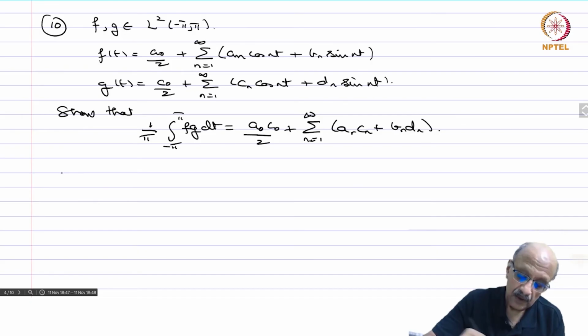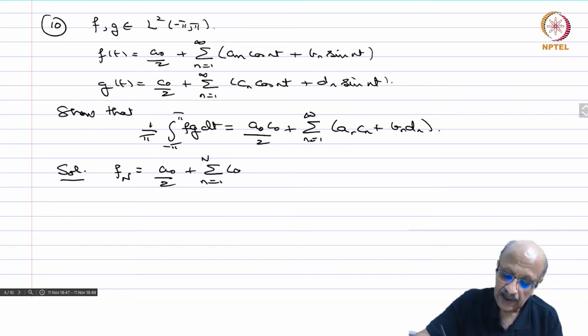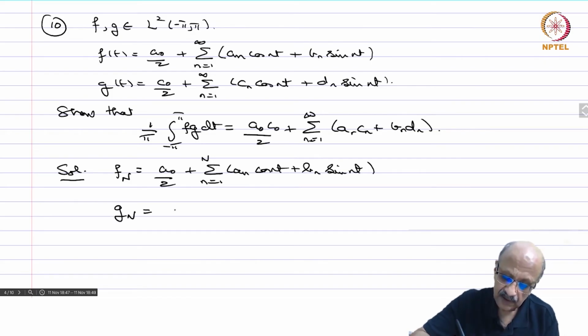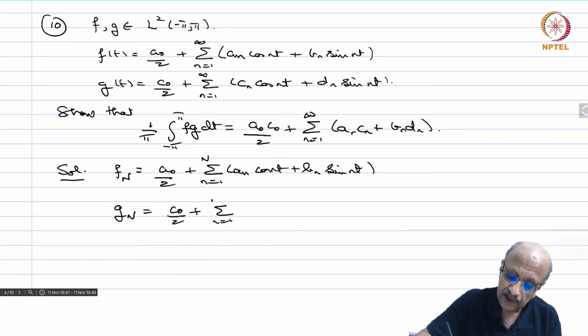Okay, so solution. You take f capital N equals a naught by 2 plus sigma n equals 1 to capital N a n cos n t plus b n sin n t, and g capital N is c naught by 2 plus sigma n equals 1 to capital N c n cos n t plus d n sin n t.